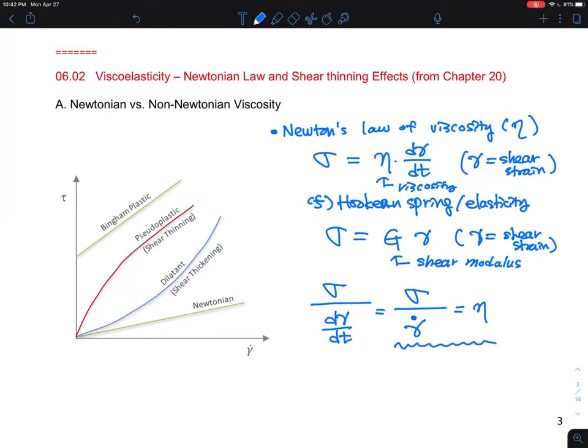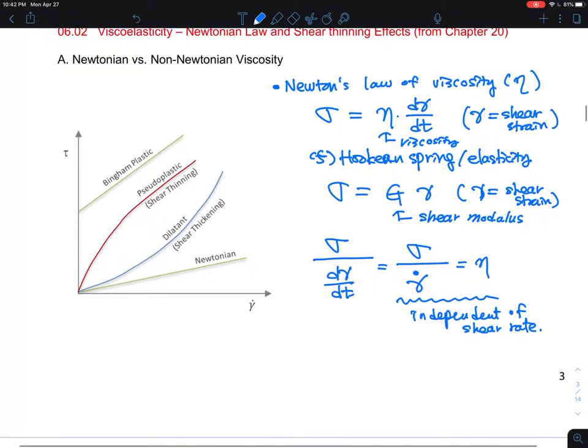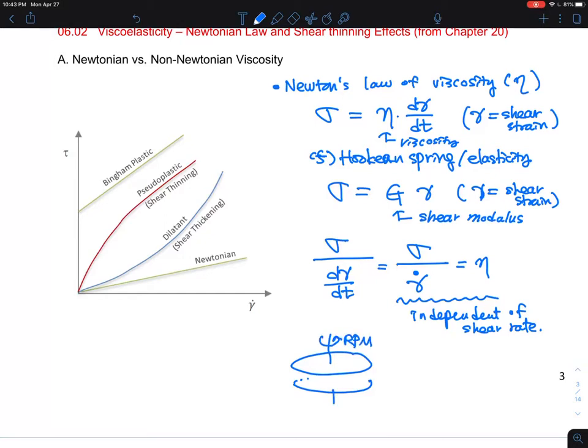So it is a constant, independent of shear rate. And one of the experiments people do is put the sample between two parallel plates and rotate it at different RPM, and the shear rate is defined by the thickness and how much the RPM is related to.